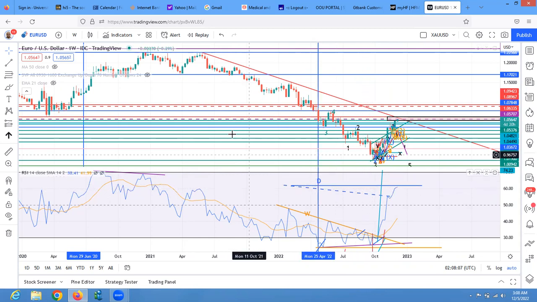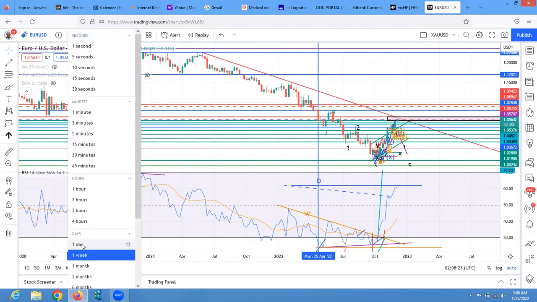So, of course, it's obvious that this is wave 4 with this break. But if you think it's a reversal, no, I don't think it's a reversal. Price will not just reverse that way. So we need to see a deep correction. So on the daily, how is it looking?